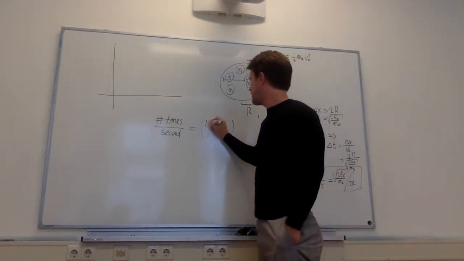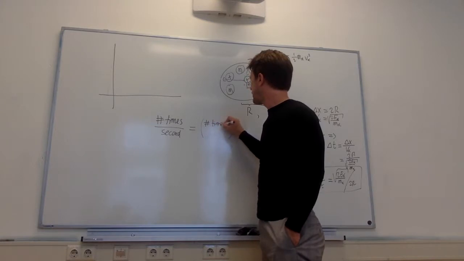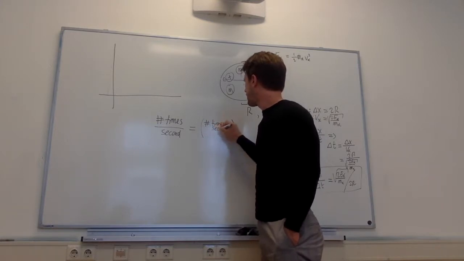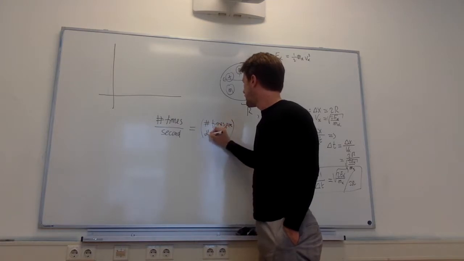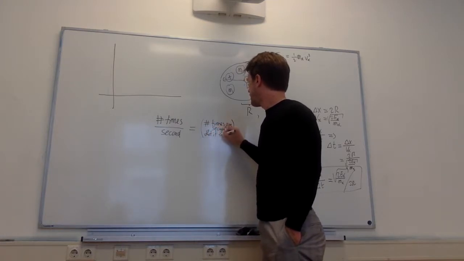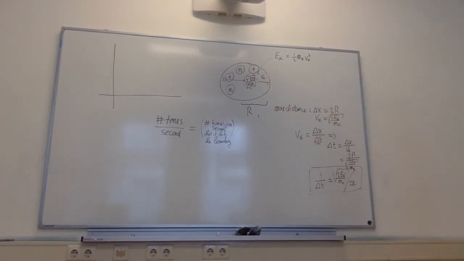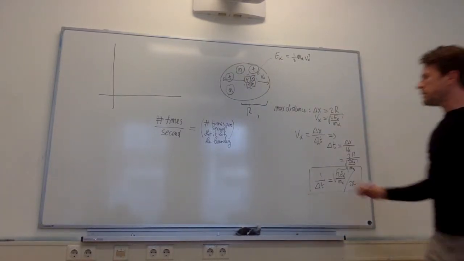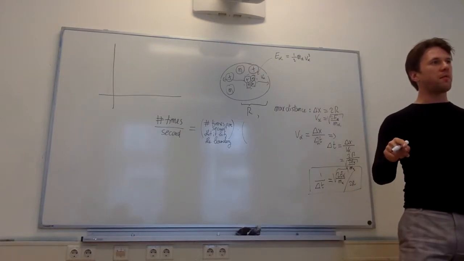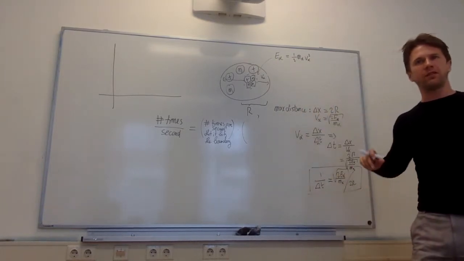Here's factor 1. The amount of times per second that it hits the boundary. There you go. Times when it hits the boundary, what is the probability that quantum mechanics lets it fly out?